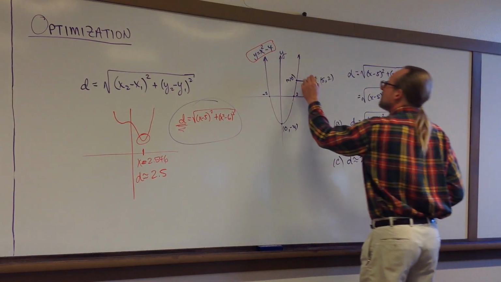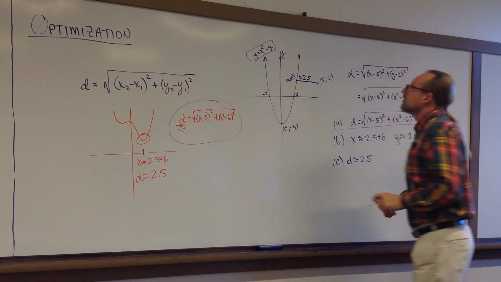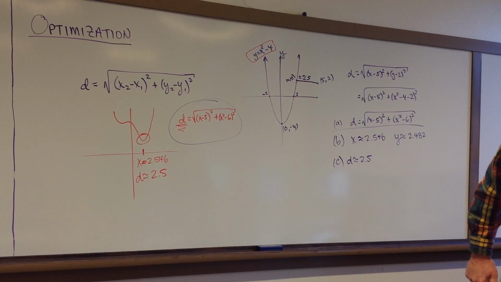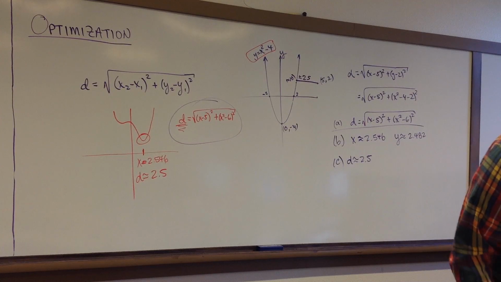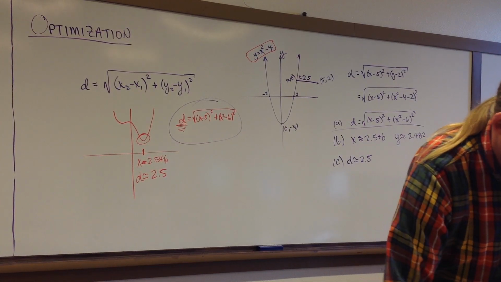And there's our distance here, it's about 2.5. All right, so that's the example problem that's on pages 52 through 55. Now let's look at some of the problems that start on page 56 here.